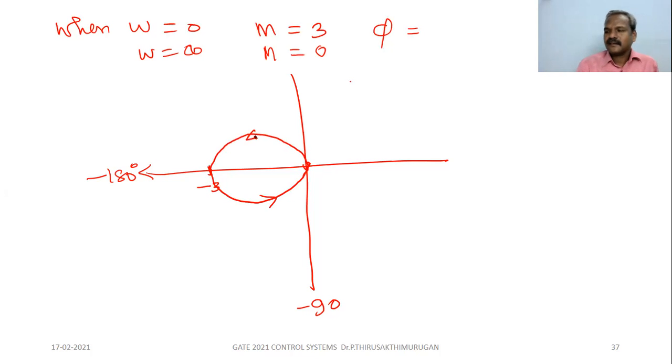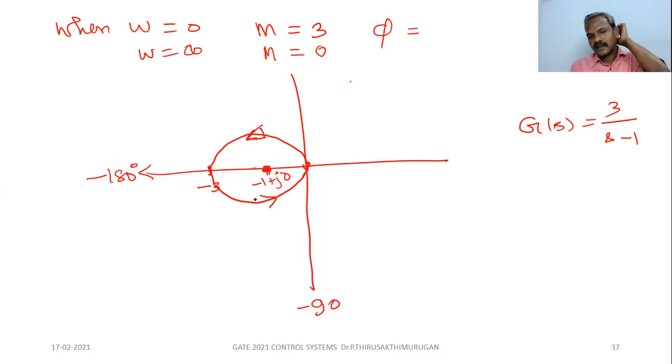So this is the typical Nyquist plot for the given transfer function G(s) equals 3 by s minus 1. Where will the point be? The point minus 1 plus j0 is lying inside this. So what is the actual encirclement in the Nyquist plot?